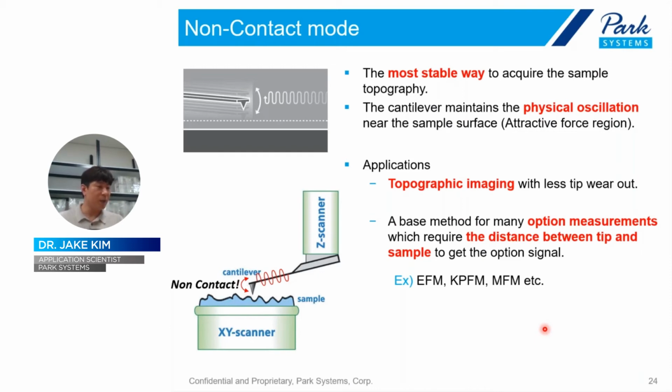So there's no contact, and it scans. This AFM tip never touches the sample surface, so there is much less AFM tip wearing. It is also a base method for many other optional measurements which require a distance between tip and sample. It is somewhat different from contact mode.